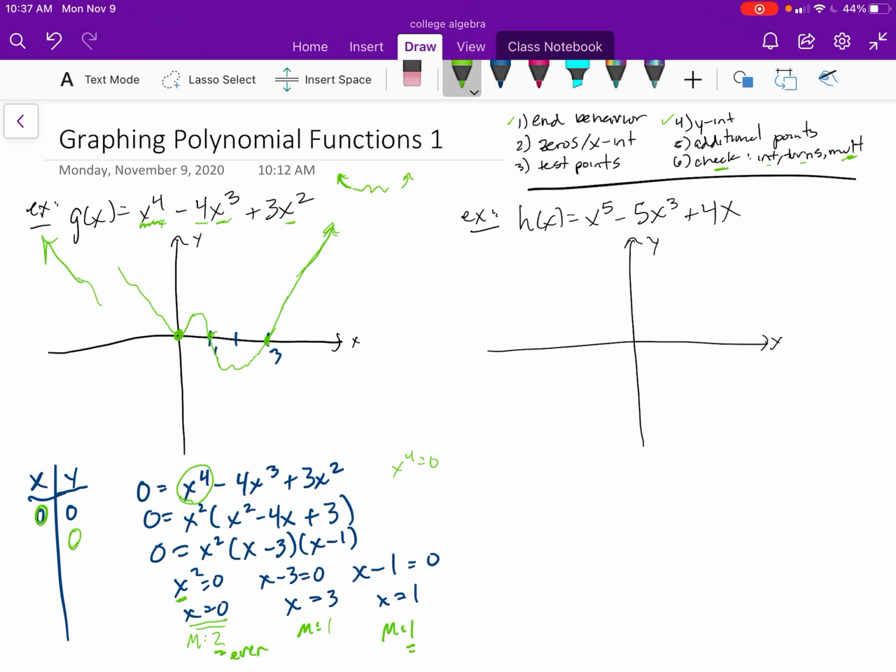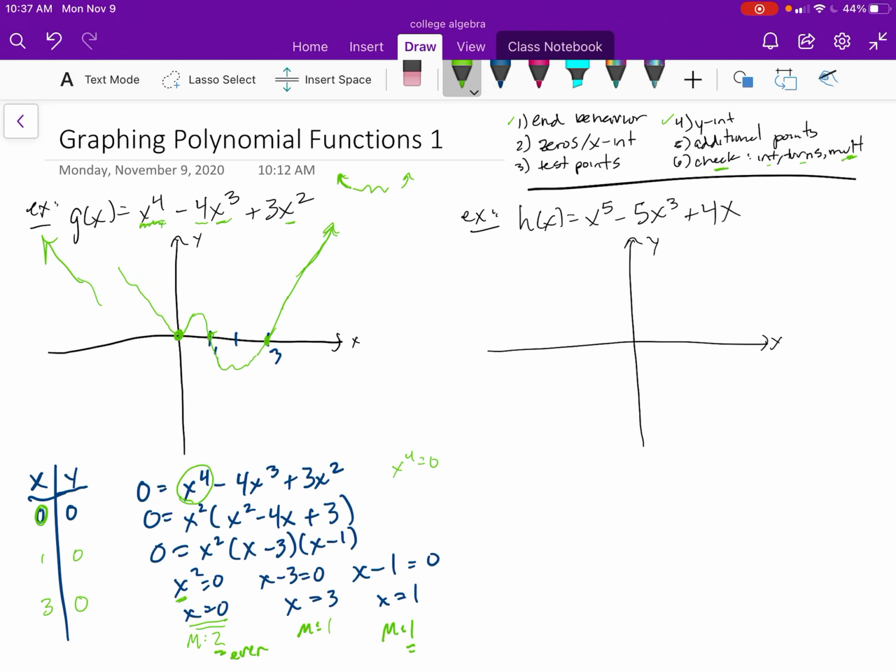Alrighty. So we have our x-intercepts. In fact, there were 3 of them. We had 0, 0, which we knew. We have 1, 0, and we have 3, 0. And actually, I want to leave just a little bit more room here. Okay.